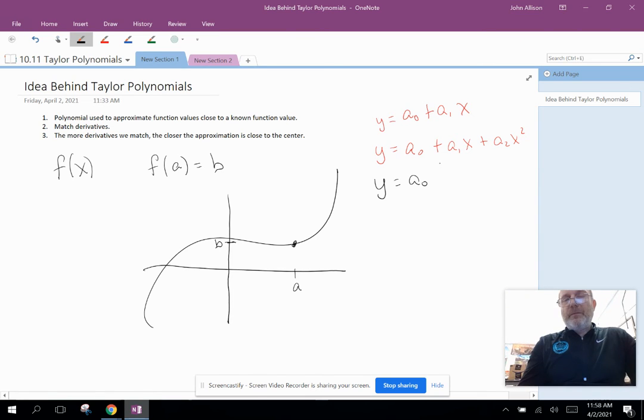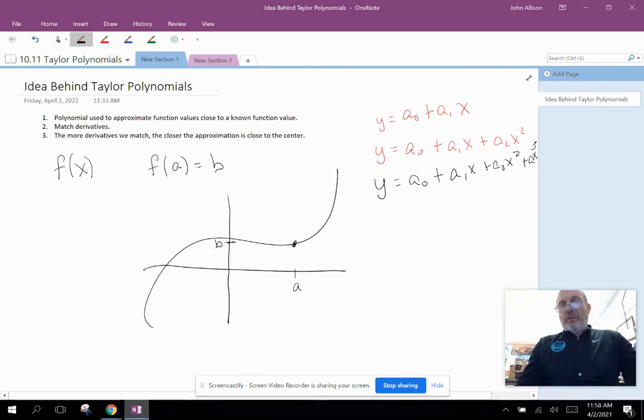They may be the same. But we have an a naught plus a sub 1 x plus a sub 2 x squared. In a third degree, we have a constant times an x cubed.